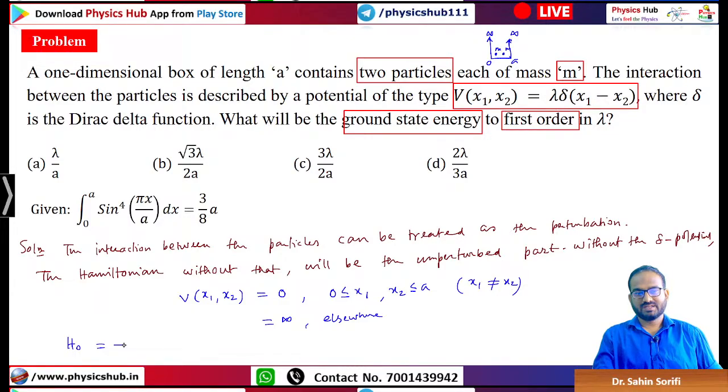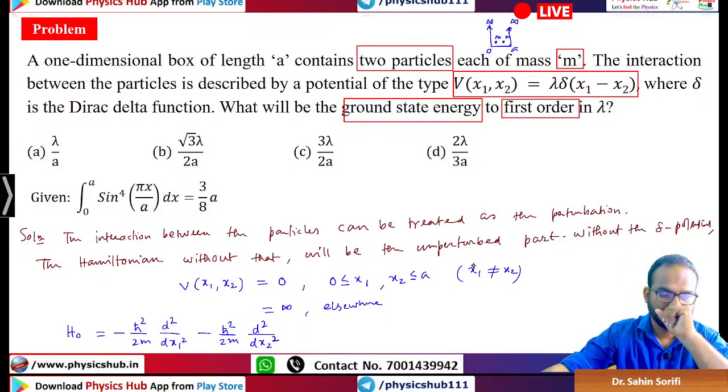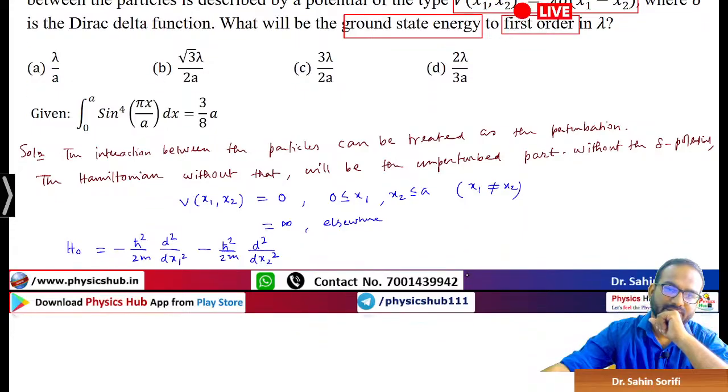For one particle, the kinetic energy is minus h cut square by 2m d square by dx1 square, minus h cut square by 2m d square by dx2 square. So this is for the first particle, this is for the second particle. Okay. Now what will be the corresponding energy for this?